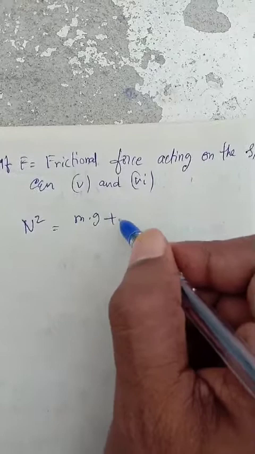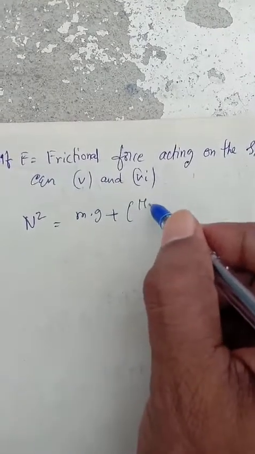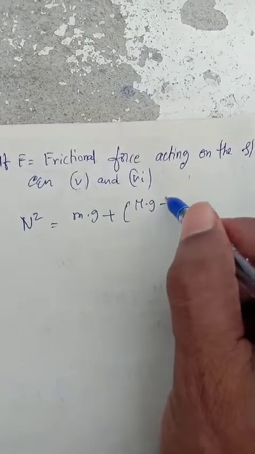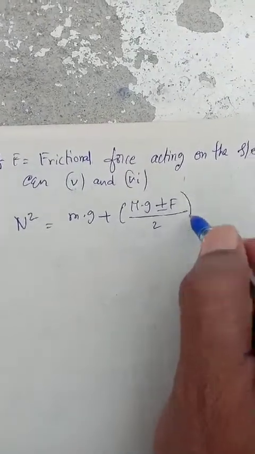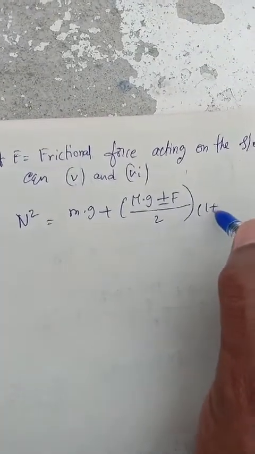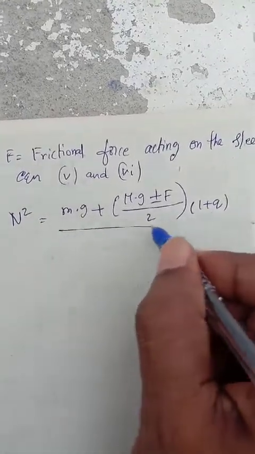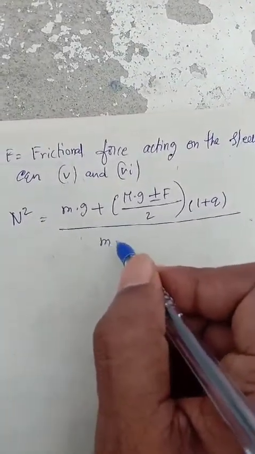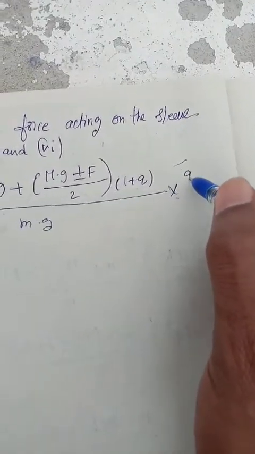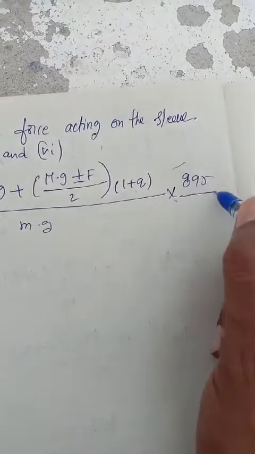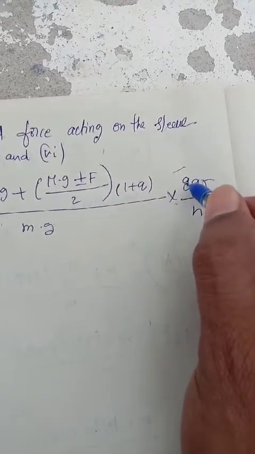Is m into g plus capital M into g plus or minus f divided by 2 1 plus q divided by m into g into 895 divided by h.